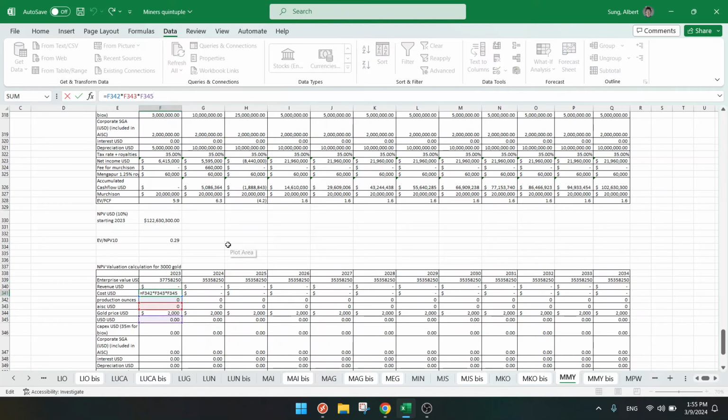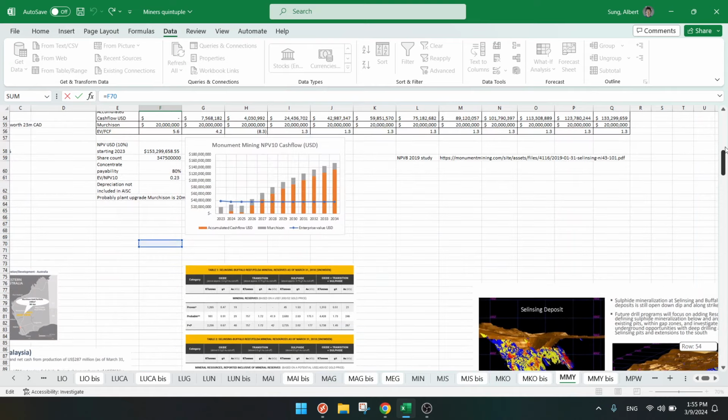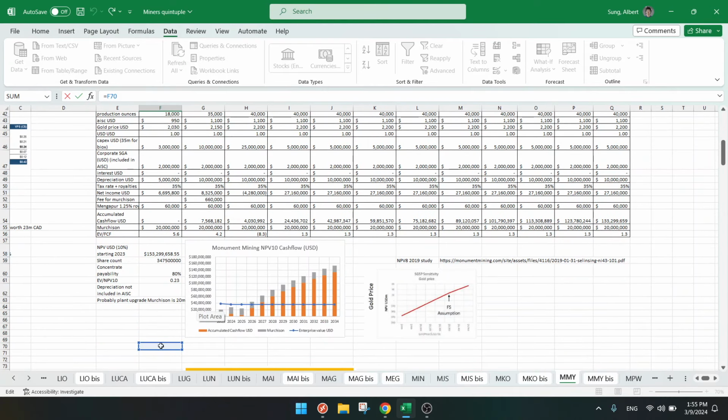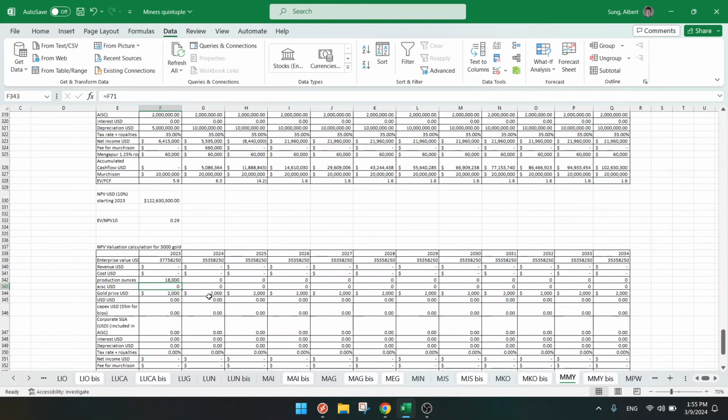Costs is correct. Production should be referring to the master chart. Like this. Only sustaining cost the same.